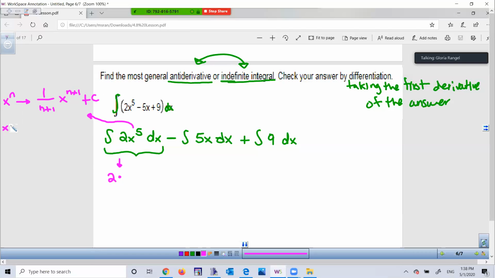So for x to the fifth power, the antiderivative would be 1 over 5 plus 1 times x raised to the 5 plus 1, plus the c. When you simplify this, 1 over 6 times x raised to the 6, plus c, right? What's my c? Notice how in the instructions nowhere did they give me a value for c. So I don't know what c may be.